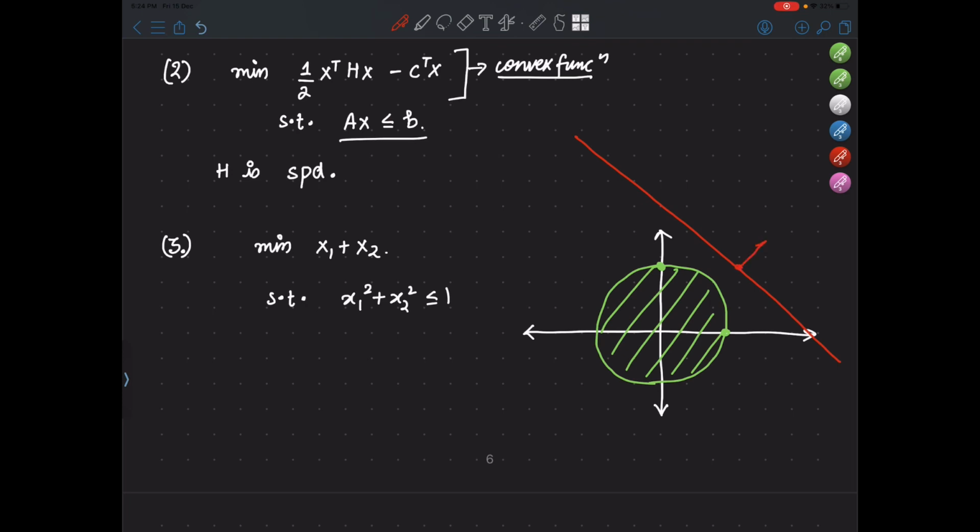So c is in this direction, and just by previous logic, the global minimum will be at this point.